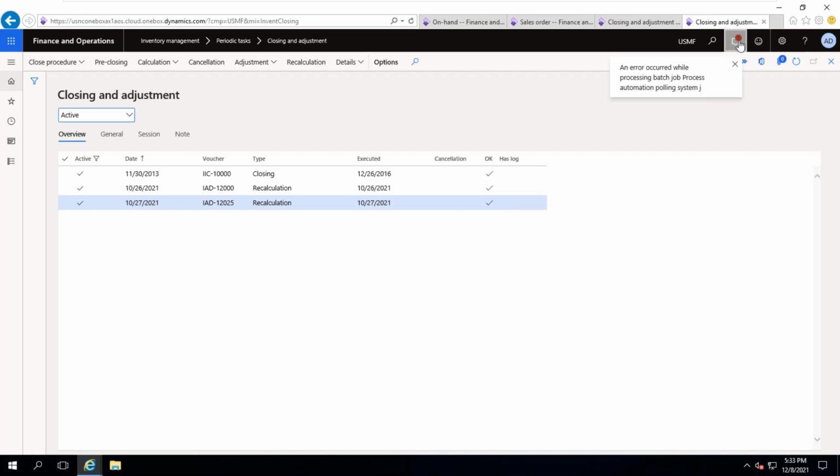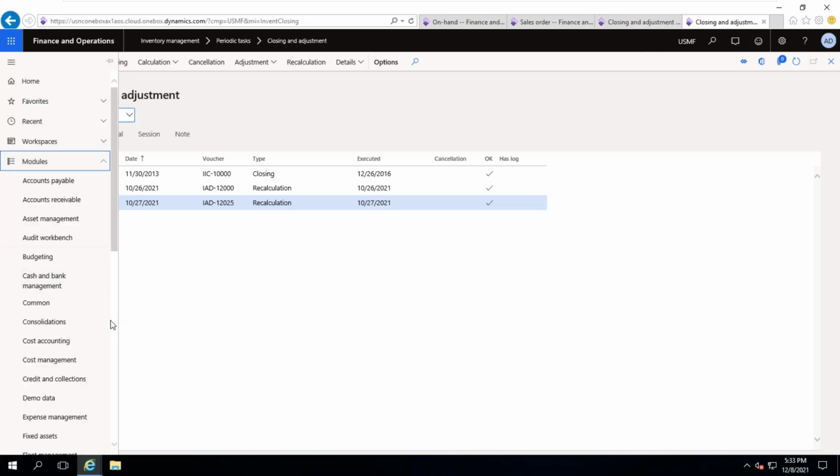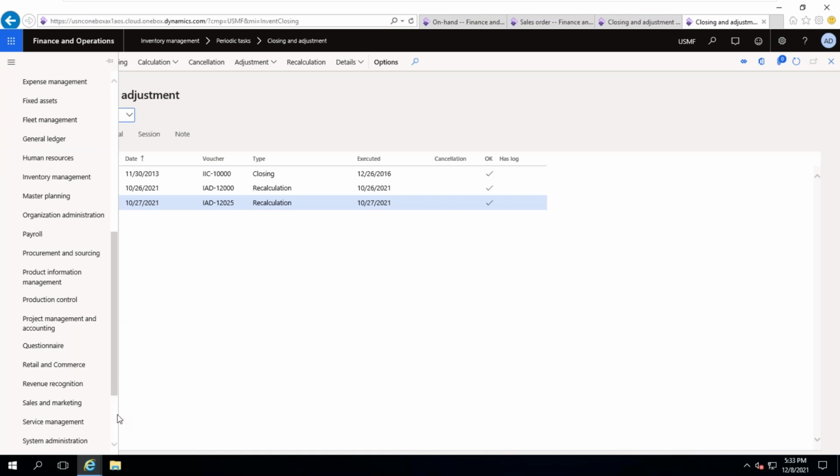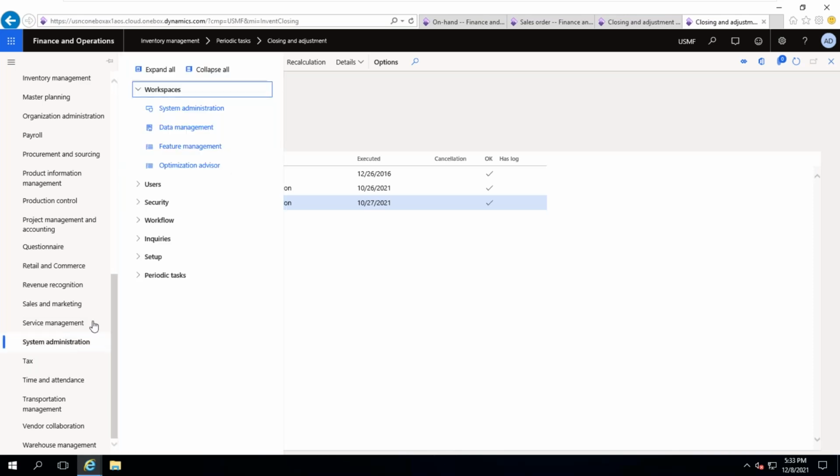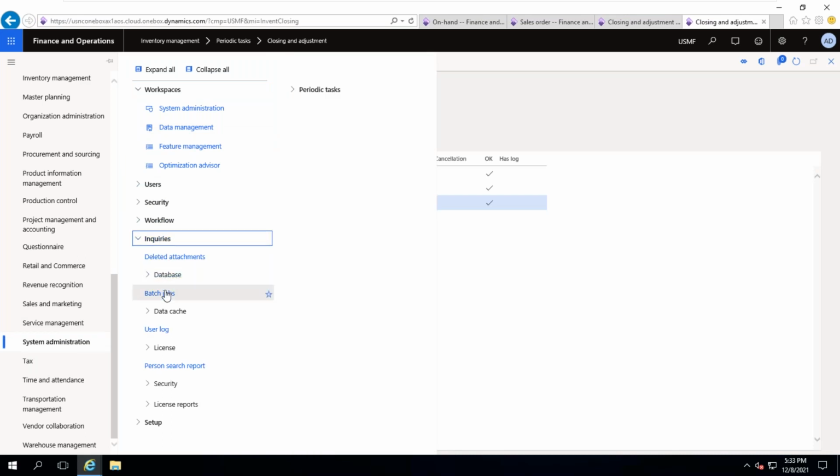So now it is doing something. Let me verify whether it is executing or not. Otherwise, let me go to batch jobs. Where are the batch jobs? Anyone? Batch jobs: System administration, Inquiries, Batch jobs.